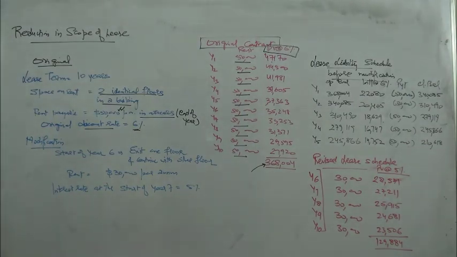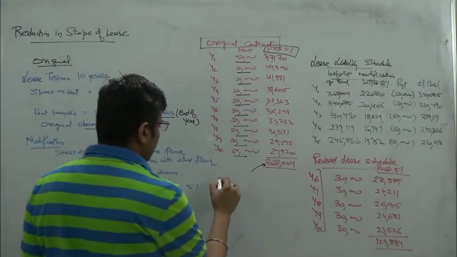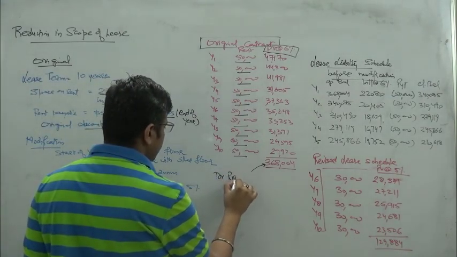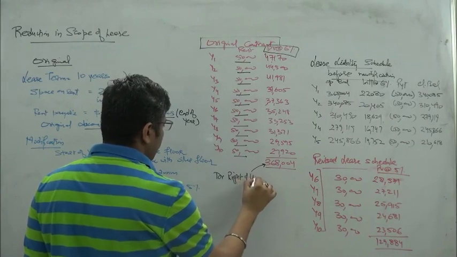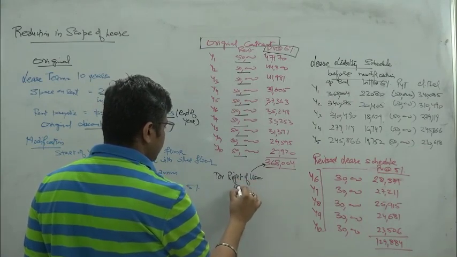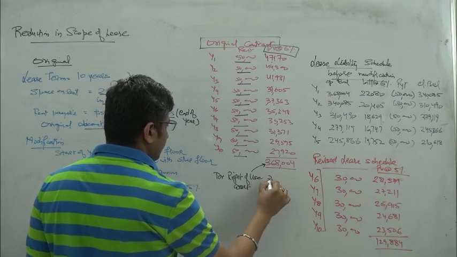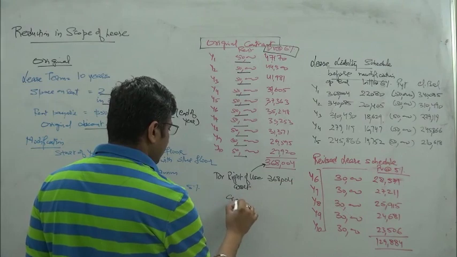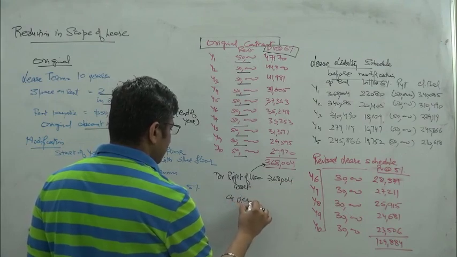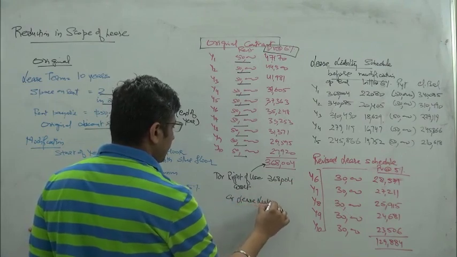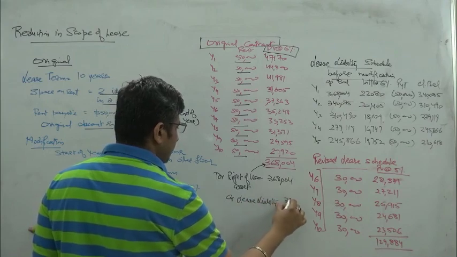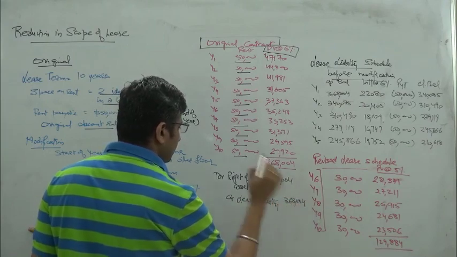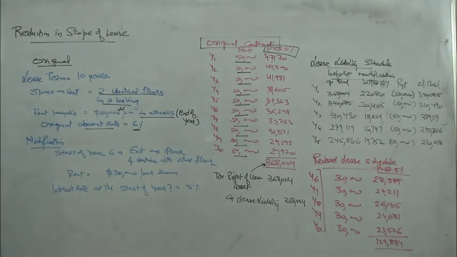So the one thing that we do on day one is, of course, we recognize the right of use asset at 368,004, and we also recognize the corresponding lease liability of the same amount. Yeah, quite logical to do that. That's our first accounting.